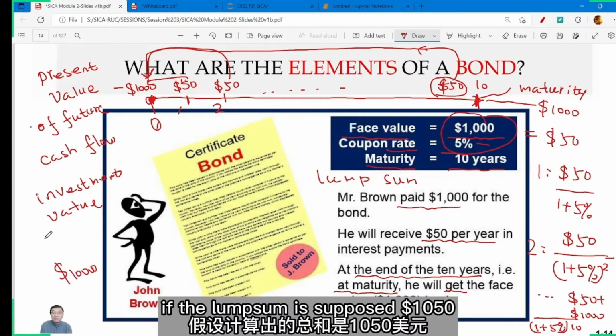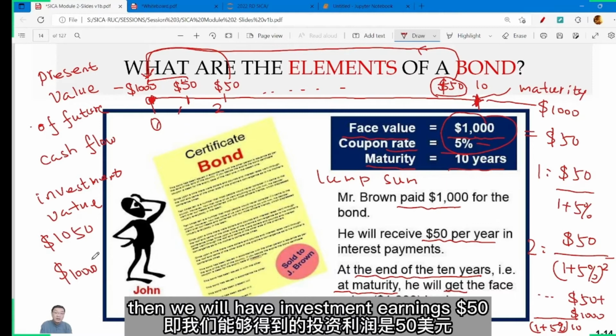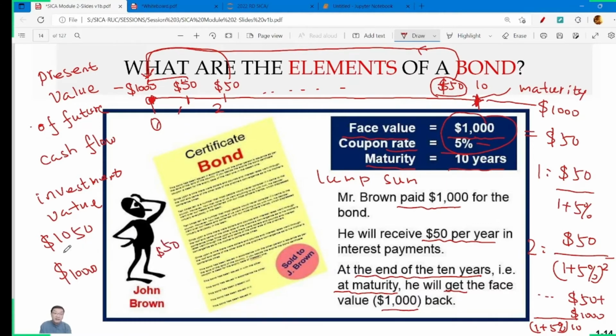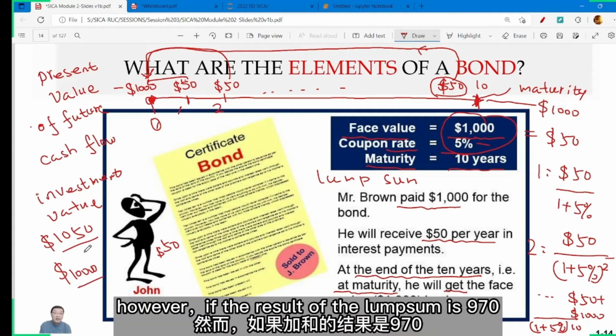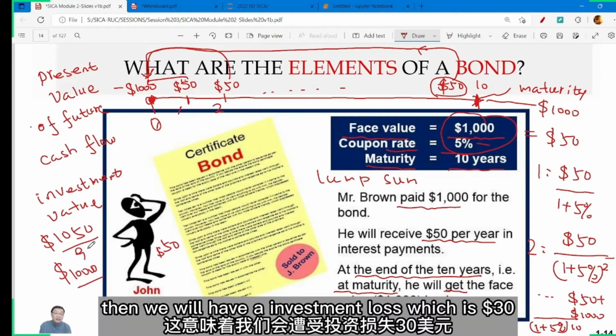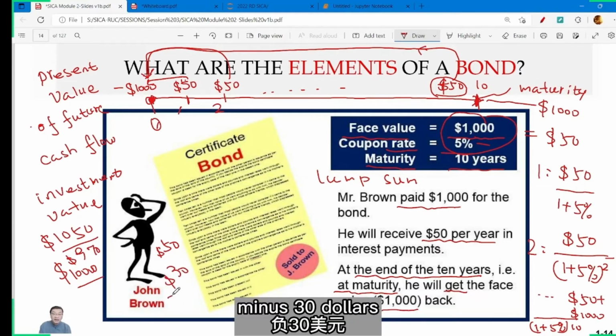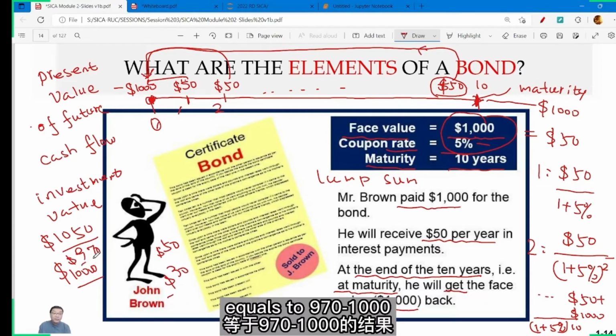If the lump sum is, suppose, $1,050, then we will have investment earnings of $50, which is 1,050 minus 1,000. However, if the result of the lump sum is $970, then we will have an investment loss of $30, which is 970 minus 1,000.